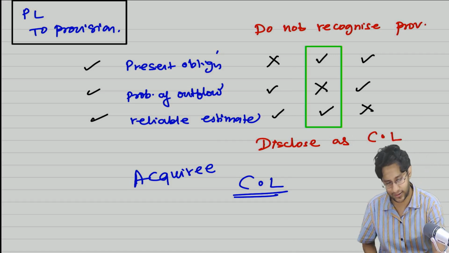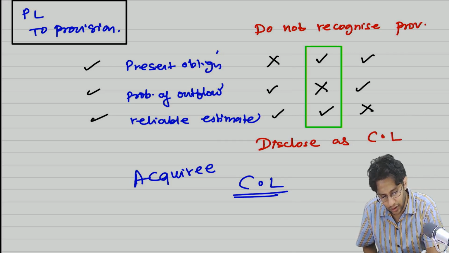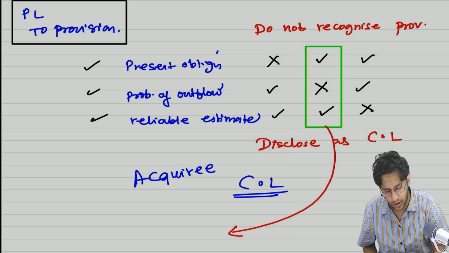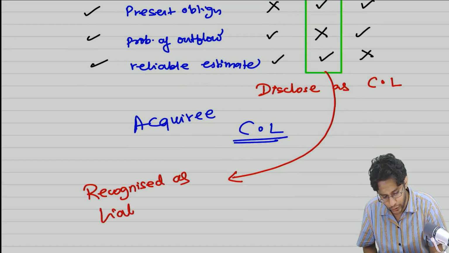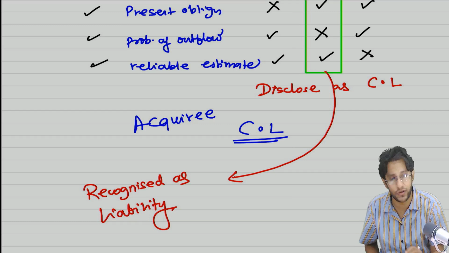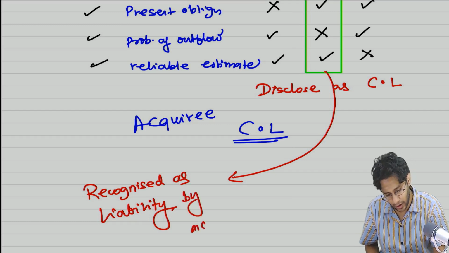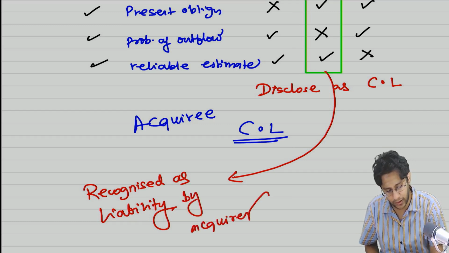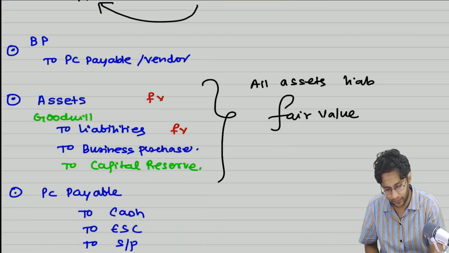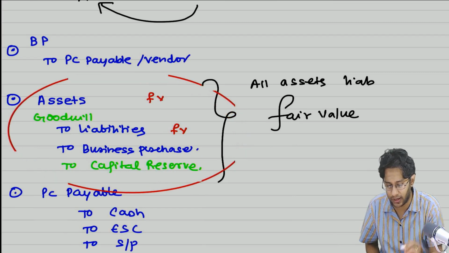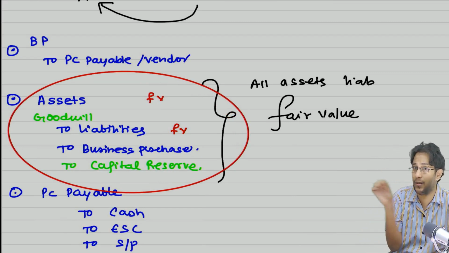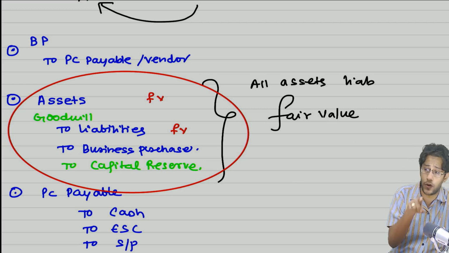The standard says that this kind of contingent liability is to be recognized as an actual liability. That means you can create a provision for this by acquiring. That means when you write the entry, the assets to liabilities to business purchase entry, in that liabilities include that contingent liability also.